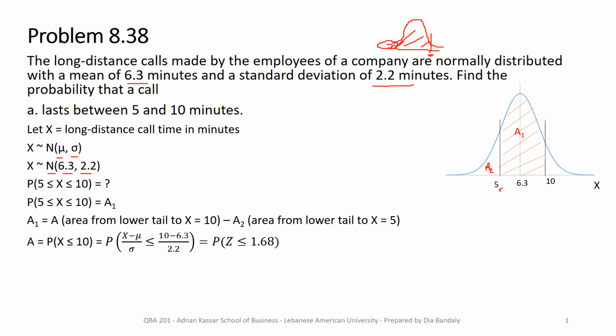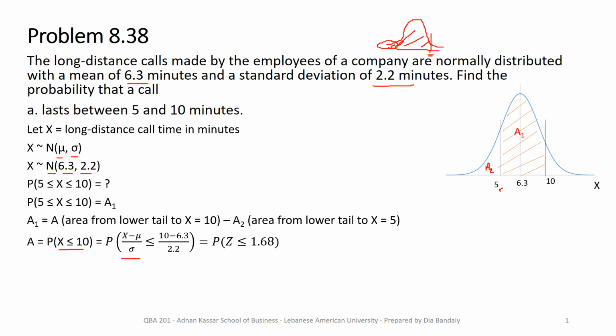As we learned in the lesson videos, I now want to standardize so that I can read from the z-table. Here I have an inequality, so I subtract mu on the left-hand side and the right-hand side, and then I divide by sigma on both sides.